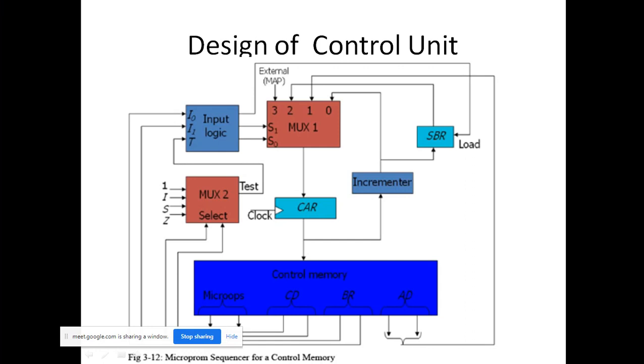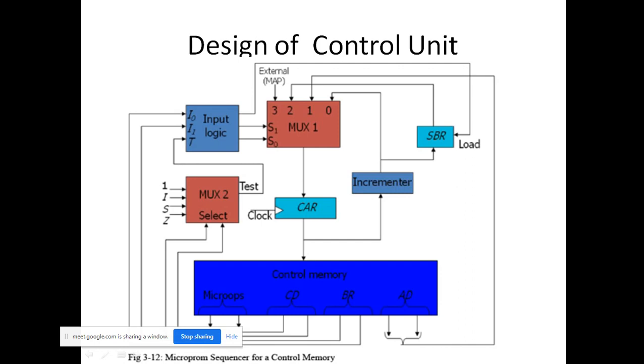Okay, coming to this design of control unit having two multiplexers. One multiplexer is used to select any one of the four sources for the next address. The second multiplexer tests the status conditions, that may be I, that means addressing mode, sign flag and zero flag.